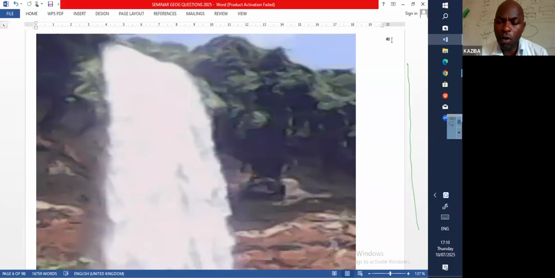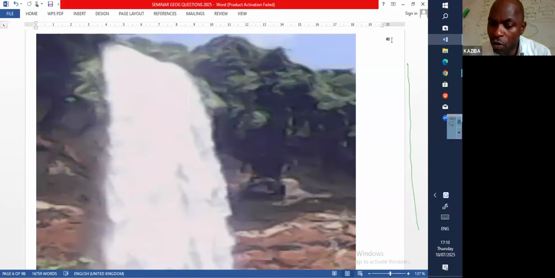A waterfall can also be formed where we have a band of hard rocks overlying soft rocks. So when the river is flowing on top of hard rocks and finds the hard rocks end and finds soft rocks, it will dig them to form a waterfall.